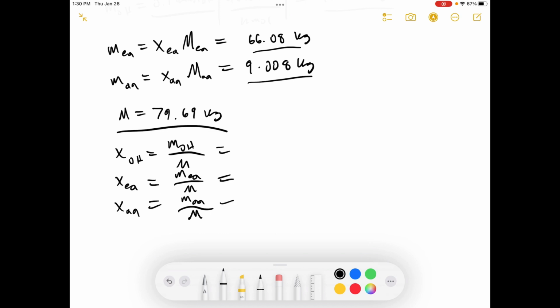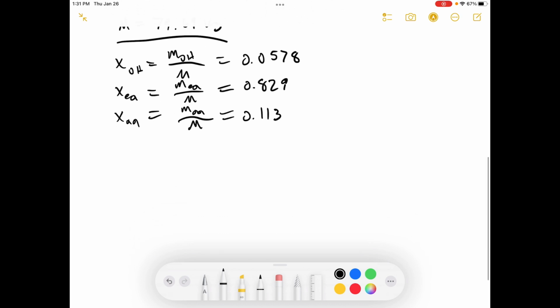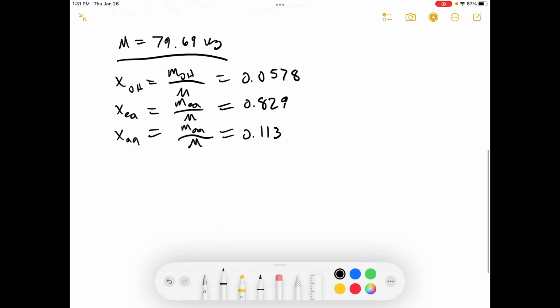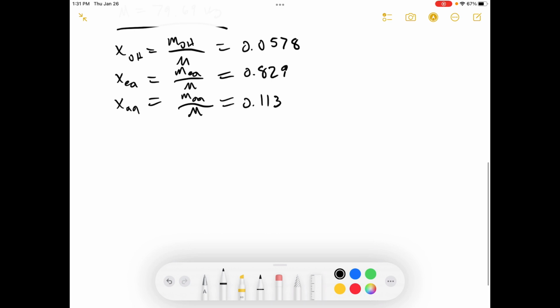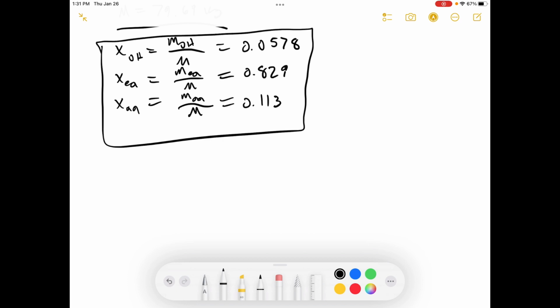Each one of these equals that, and that is the total mass fraction. So that answers the first part that it asks: what's the mass fraction of each of those?